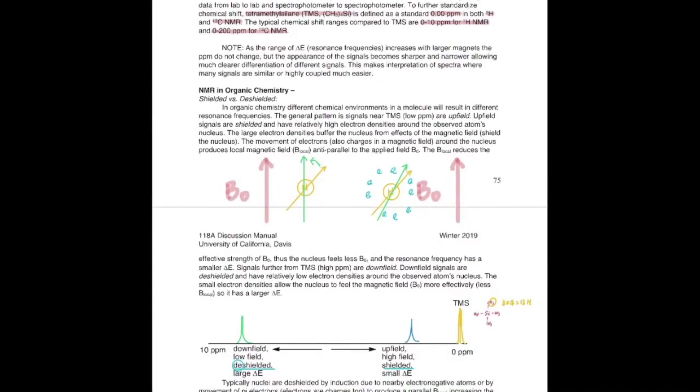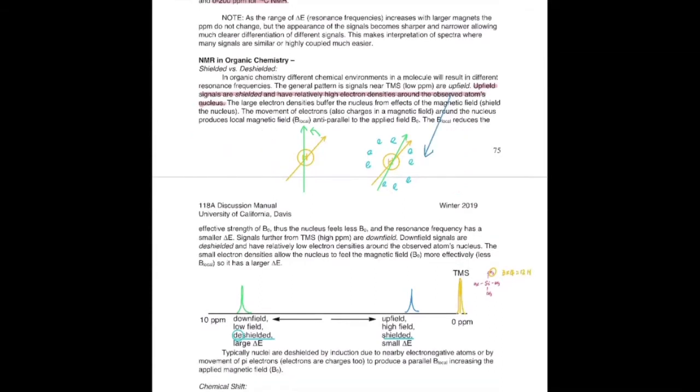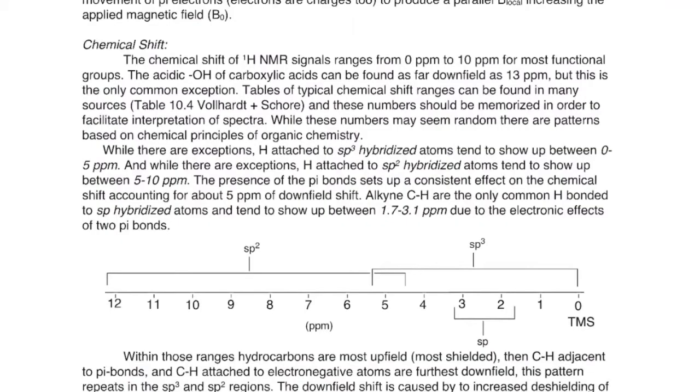They told you upfield signals are shielded and have relatively high electron densities around the observed atom nuclei. Starting from shielded and deshielded, we are going to differentiate different functional groups. You are also going to see things like oxygen, nitrogen, halogens. They are very electronegative, so they are going to steal some of your electrons away, especially when we're talking about protons.